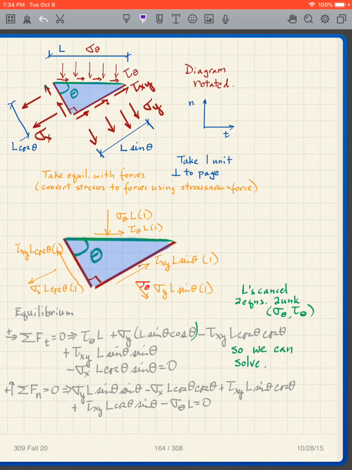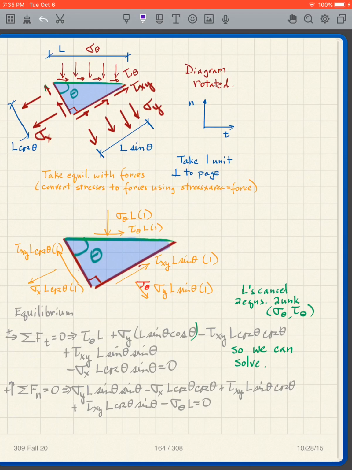I'm not going to dwell on this because you can all do this. I'm going to create this coordinate system n and t, and I'm going to take the sum of the forces in the t direction equals 0. I'm going to take the sum of the forces in the n direction equals 0, and I don't want to get hung up on the geometry or anything like that.